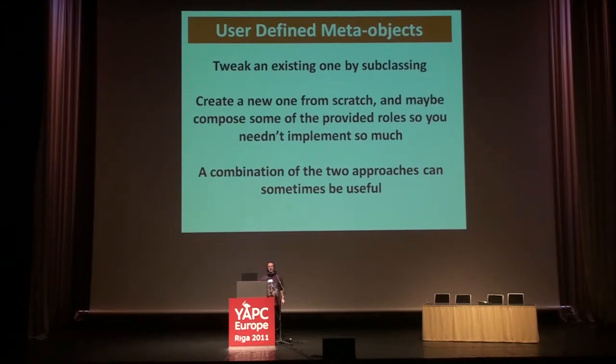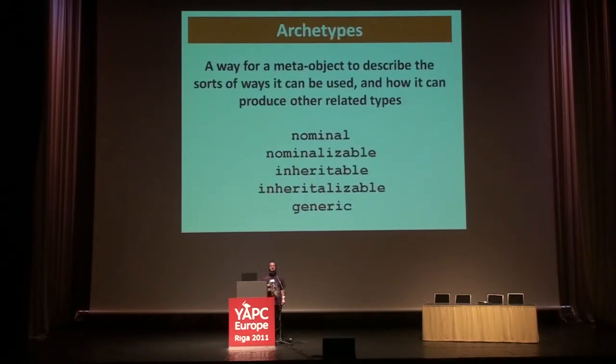Now, one of the things that you then get the question of is, well, what happens if I define something completely new? How does the compiler know how to interact with it? Part of the answer is you implement the protocol, but that's not enough because different types can actually be used in different ways and serve different sort of roles in the language. So we kind of came up with, and I have to thank Larry for the name, these sort of archetypes.